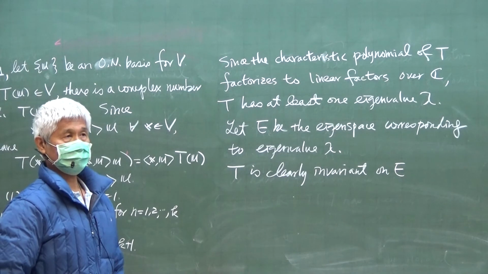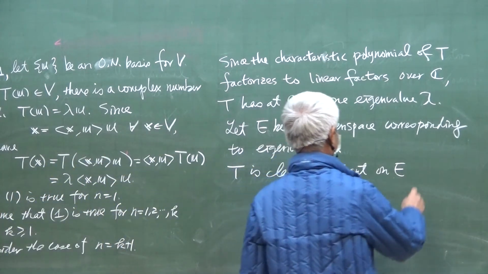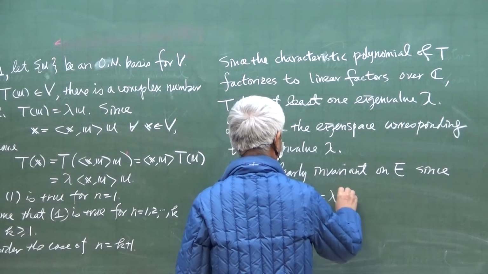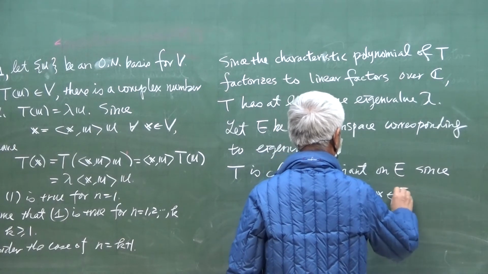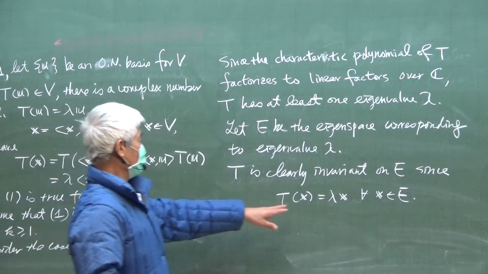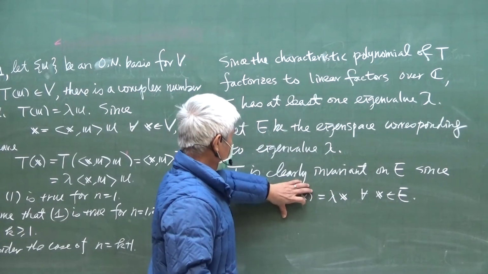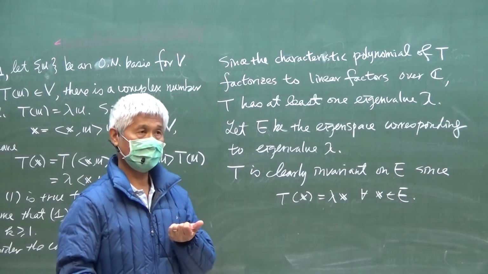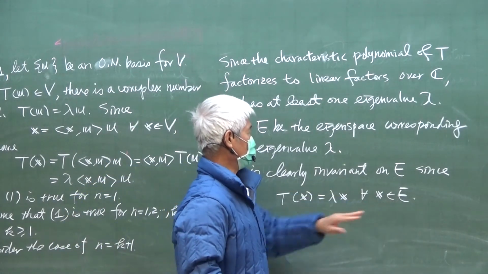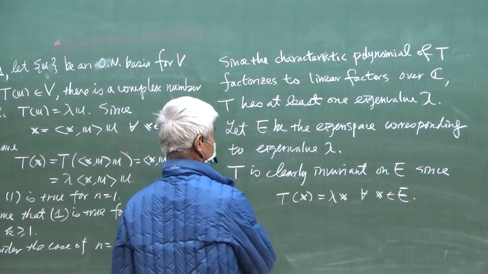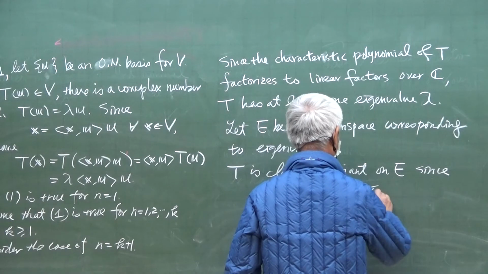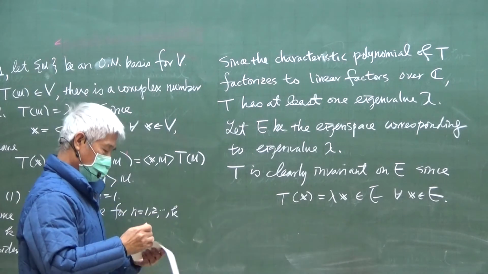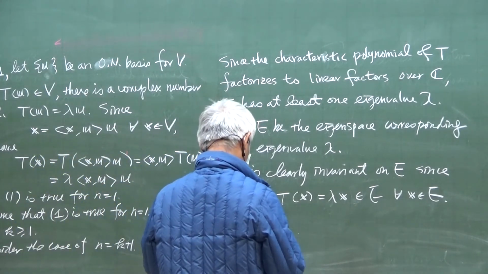You know why? Think: T x equals lambda x for all x in E. Right? So if x is in E, then the image is a multiple of x, and because the eigenspace is a subspace, Tx is also in E. So E is a natural invariant subspace.